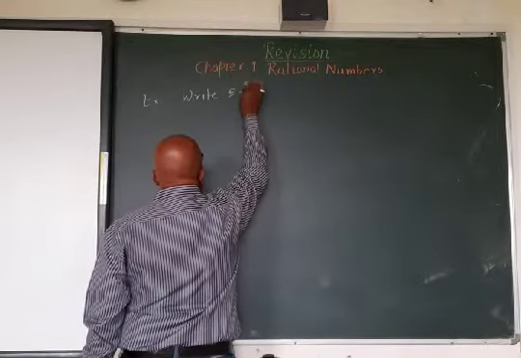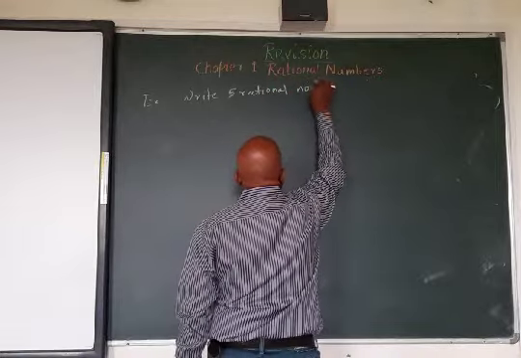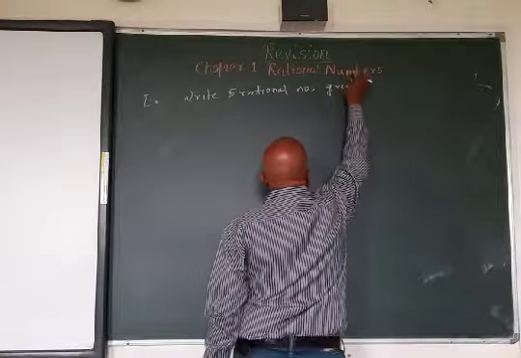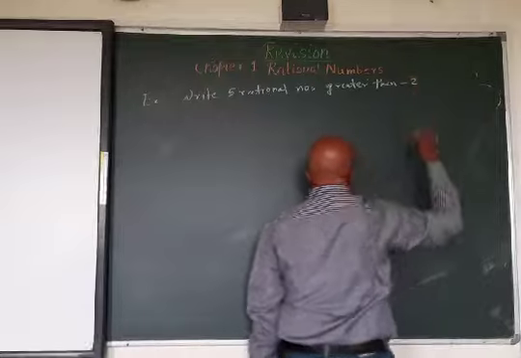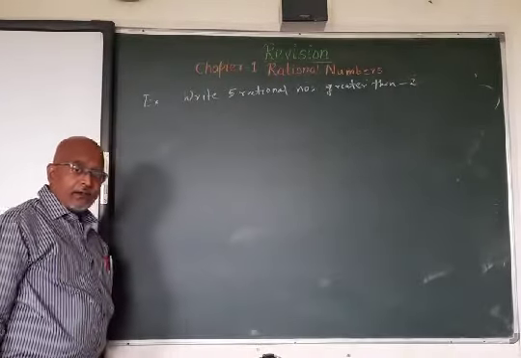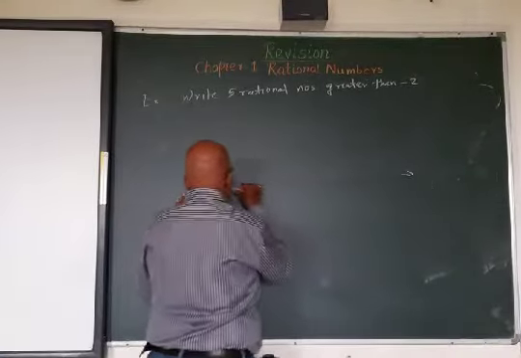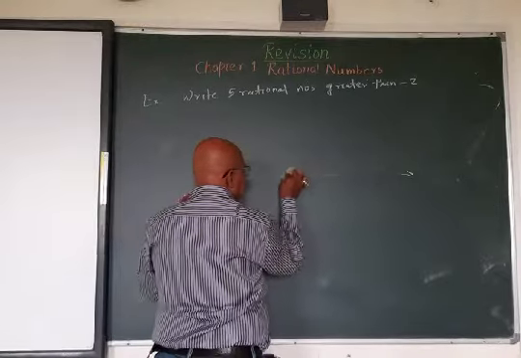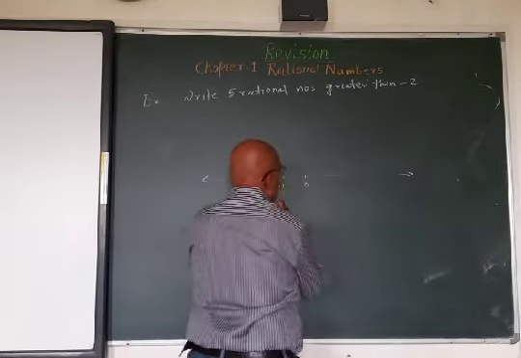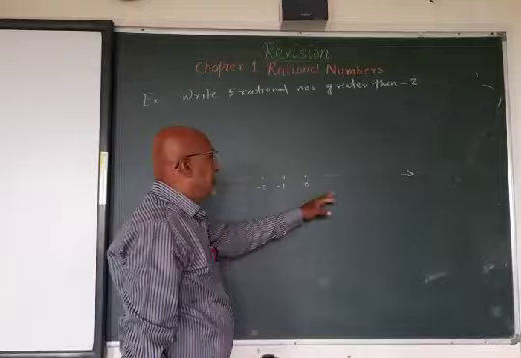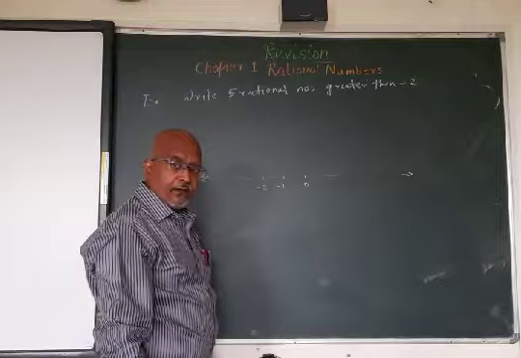Write 5 rational numbers greater than minus 2. Now it is very easy to write. As we know, on the number line, suppose this is 0, this is 1, this is minus 1 and minus 2. And all the numbers lying on the right hand side of minus 2, these all are greater than minus 2.